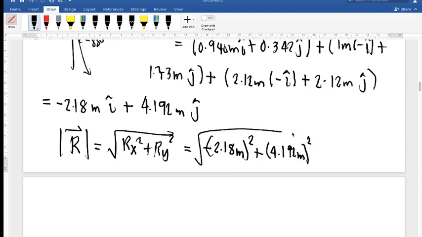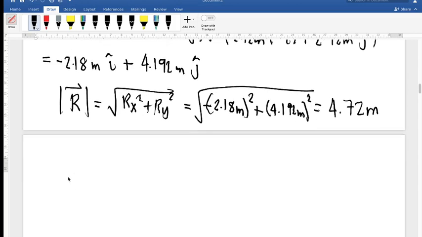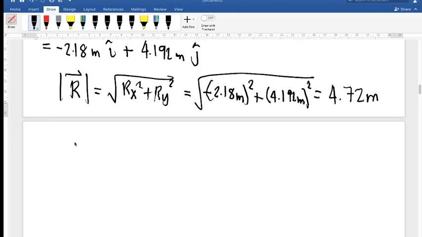The square root of that is approximately equal to 4.72 meters. Do not forget the unit, meter, because we are dealing with displacement.